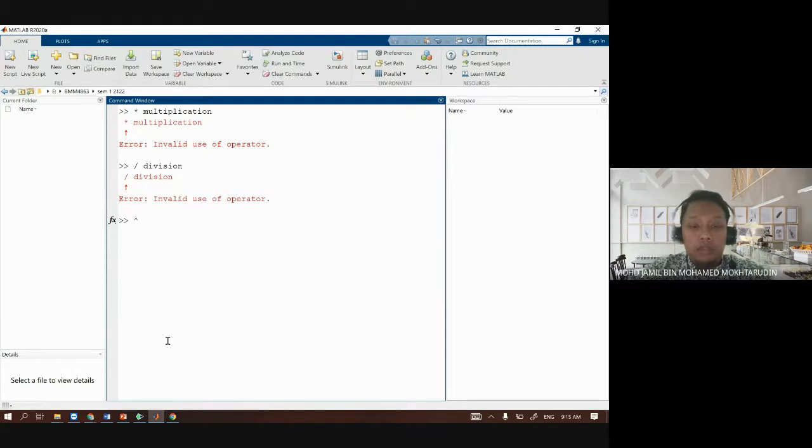Okay, I call it cap. So let's say if you want to write 2 to the power of 3, you just write 2 cap 3, so you get 8. So the common symbols are star, division slash, plus, minus, and power. Okay, cap to the power.